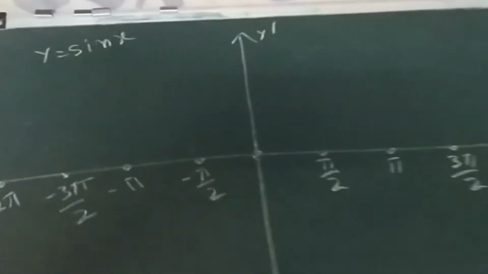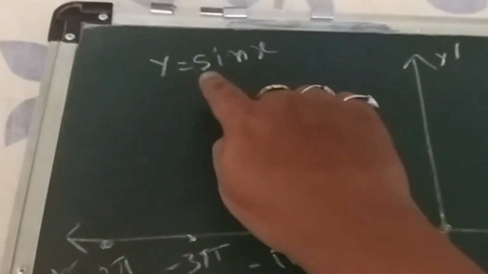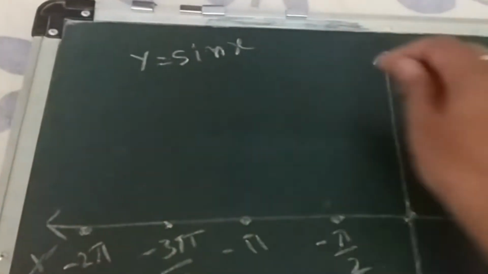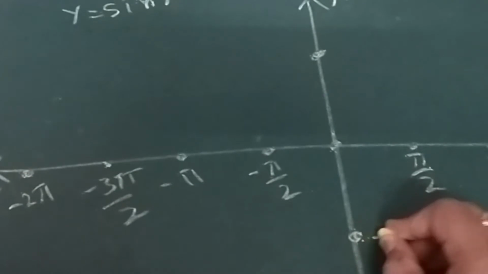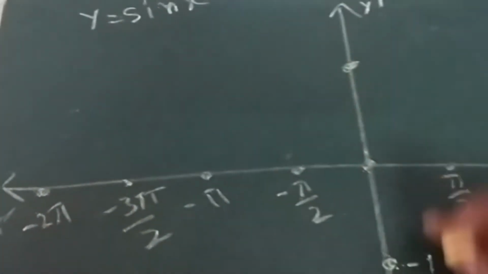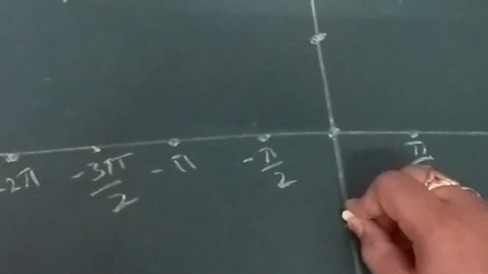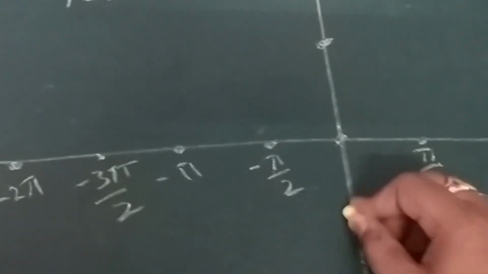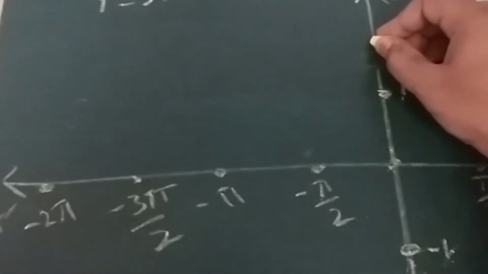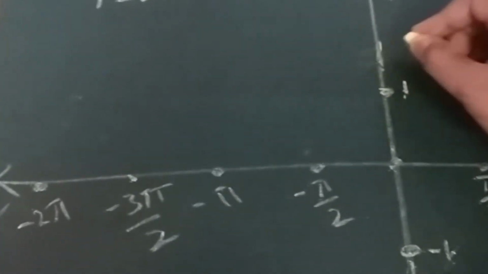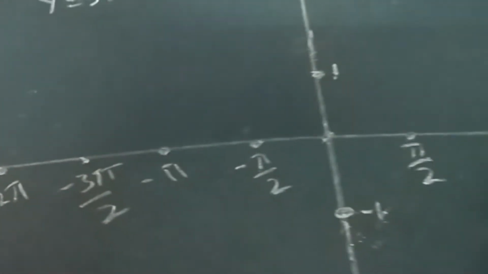Now all of you know it is y equal to sin x only. So the range, the lowest value will be minus 1 and the highest value is 1. I am taking it a little bit downside because I cannot adjust otherwise.